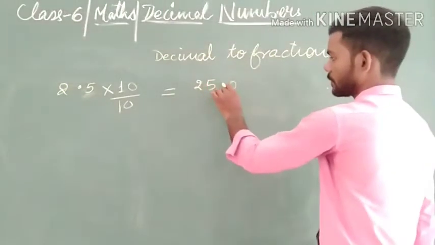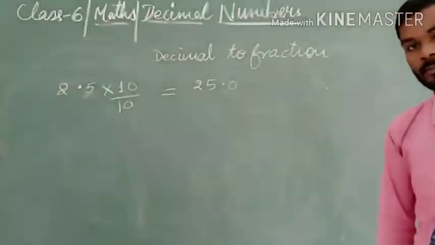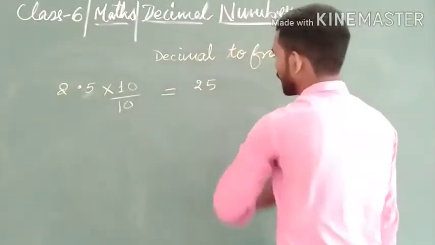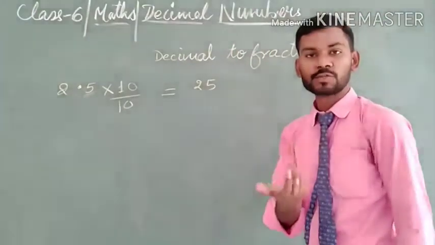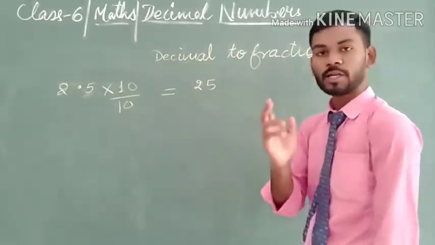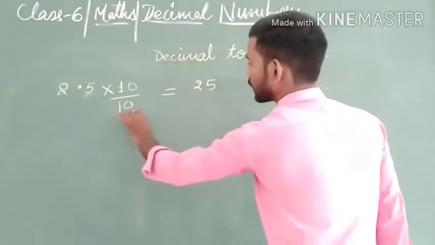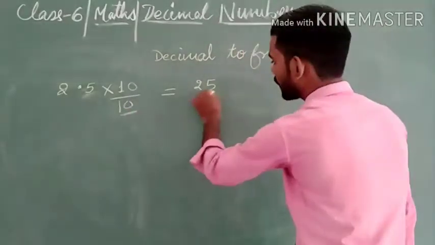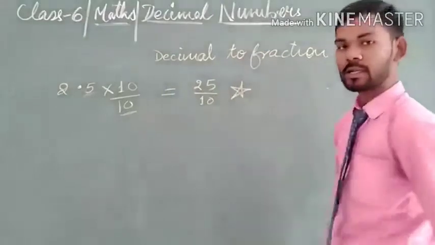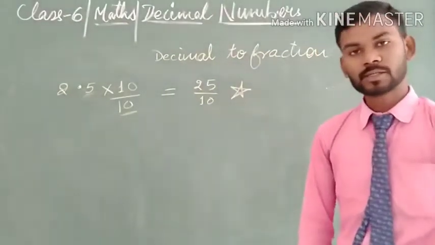So we get 25.0, but here we need not write the decimal 0 because there is no value in 0.0. Therefore we write only 25, and here 10 we write as it is. So in this way we shall get our required result.